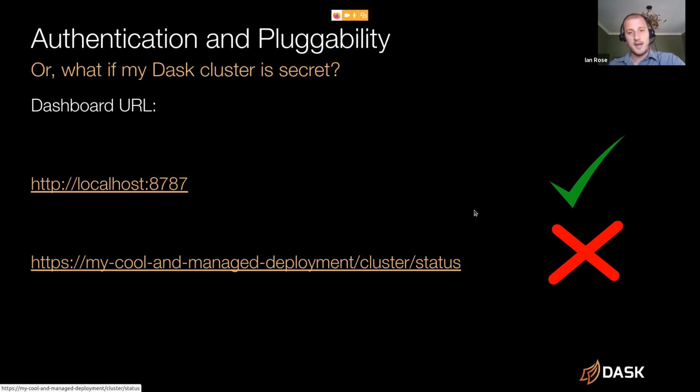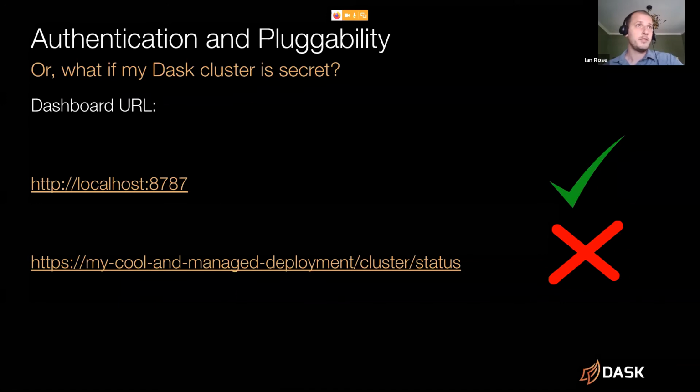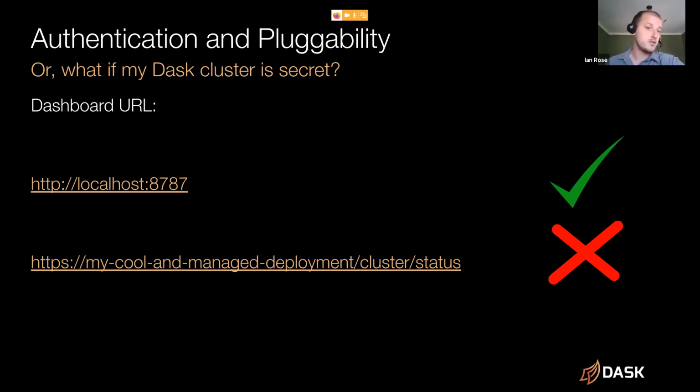But if that dashboard is hidden behind some sort of authenticated service, as might be the case if you have a JupyterHub, or if you're using a managed cloud service like Coiled, you might have some trouble viewing that dashboard. That's because that dashboard is behind authentication, and the Dask Lab extension doesn't know anything about authentication.